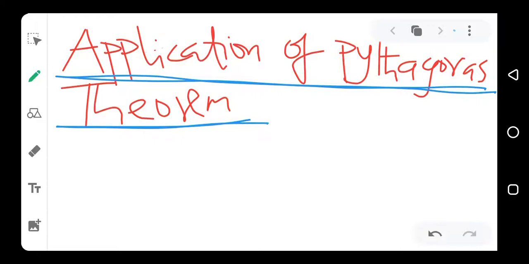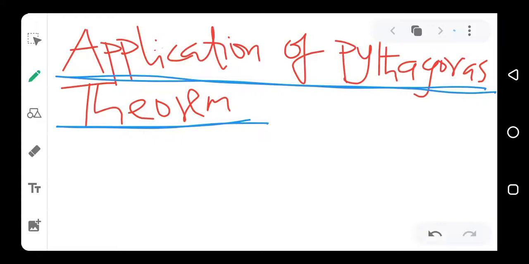Now, we say that we can use Pythagoras theorem to solve any problem that can result in a right-angled triangle. In real life, there are some things that if we want to measure them, will give us something that looks like a right angle triangle.